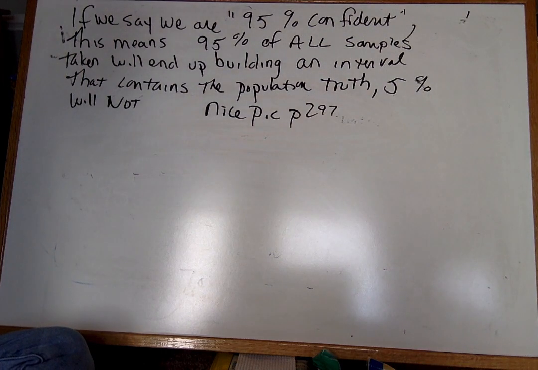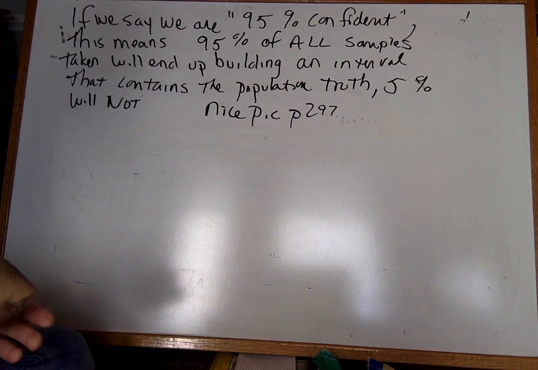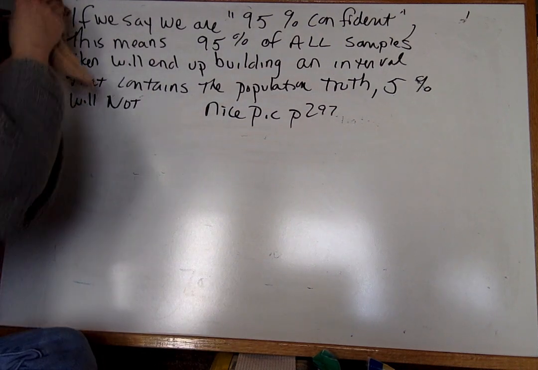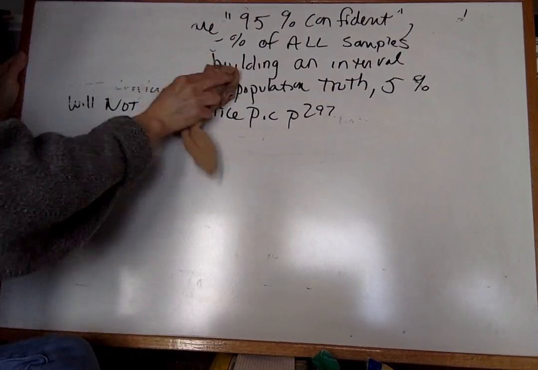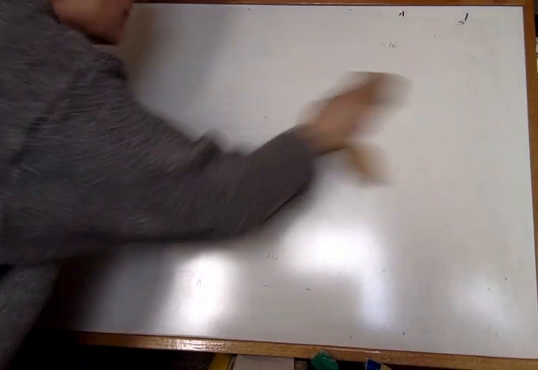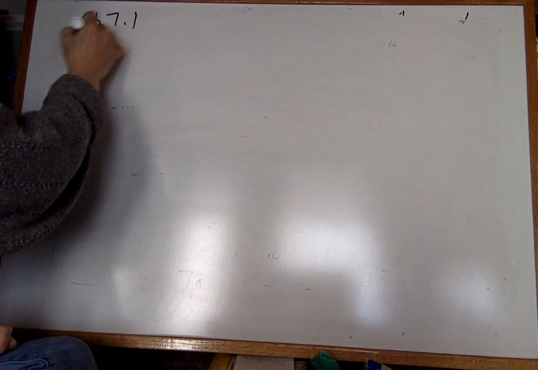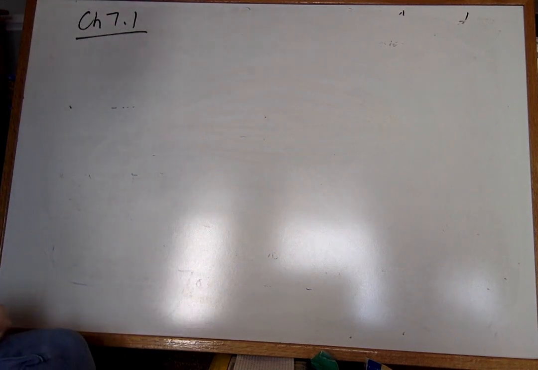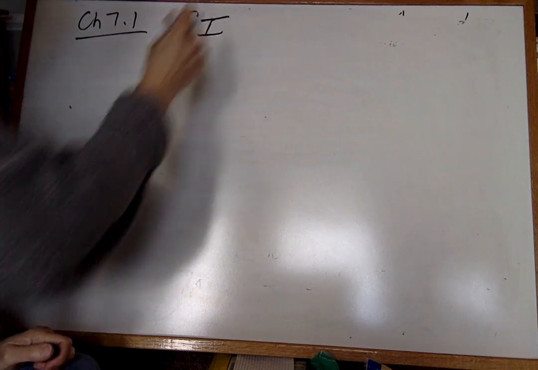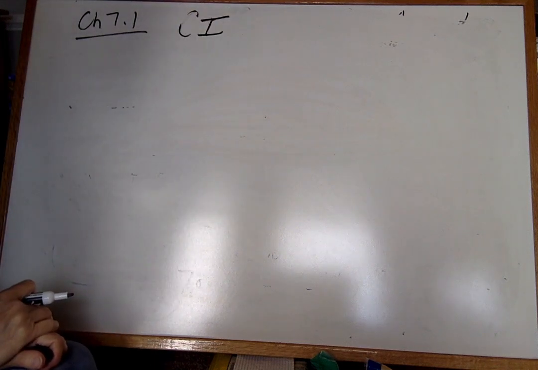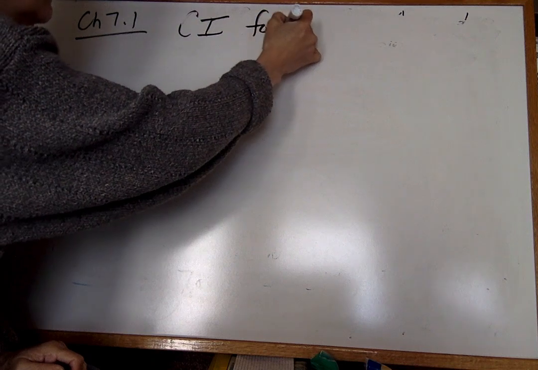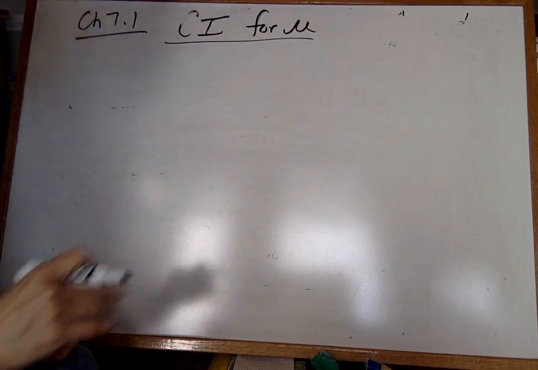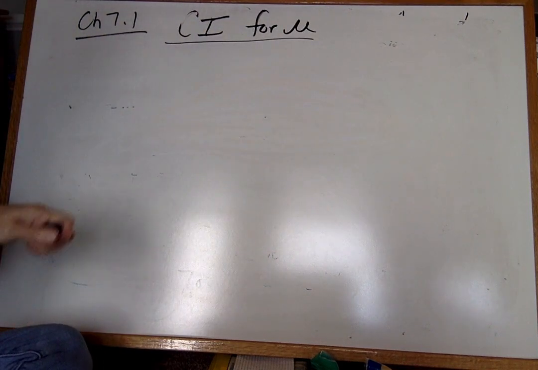All right, let's build our confidence interval for mu, the population mean. So in chapter 7.1, the initial confidence interval, CI from now on, for mu. Our general form said estimate plus or minus.